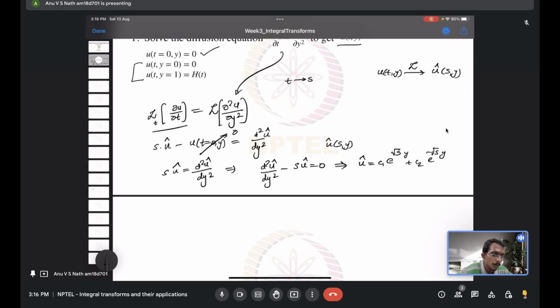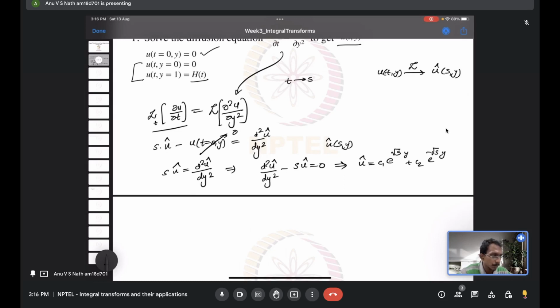And at y equal to 1, without loss of generality, we say that the top plate is at location y equal to 1, where the velocity is a Heaviside of time. That means at time equal to 0, its value is 0, but for any finite time, its value is 1. So it's impulsively pulled, the plate on top of the fluid. That's why it's given as a Heaviside of time.